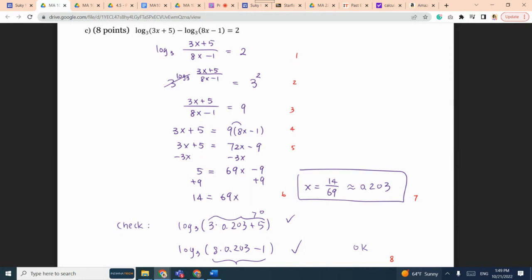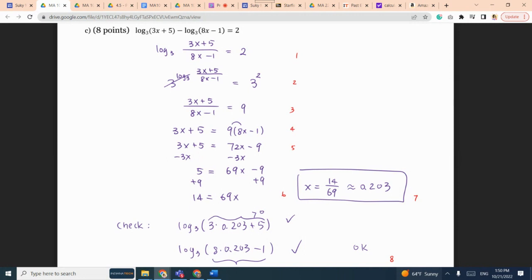If you see subtraction, we combine them, then we get division. And be careful, common mistake. This is not log 3 of 3x plus 5 over log 3 of 8x minus 1. We know division and subtraction are different, okay?